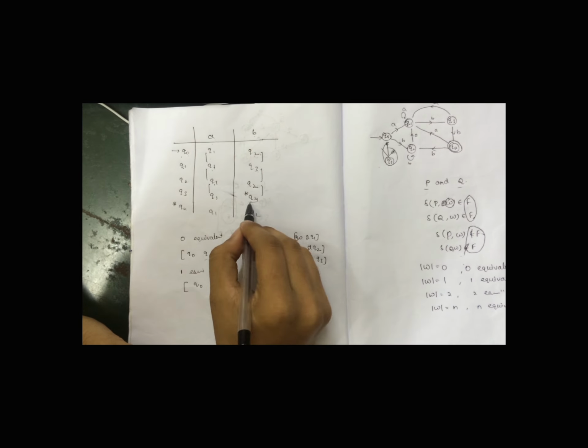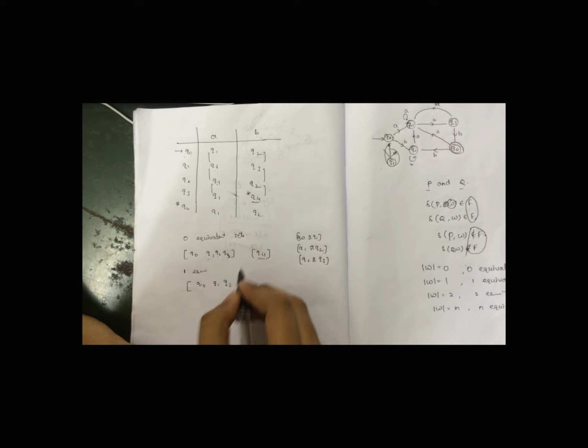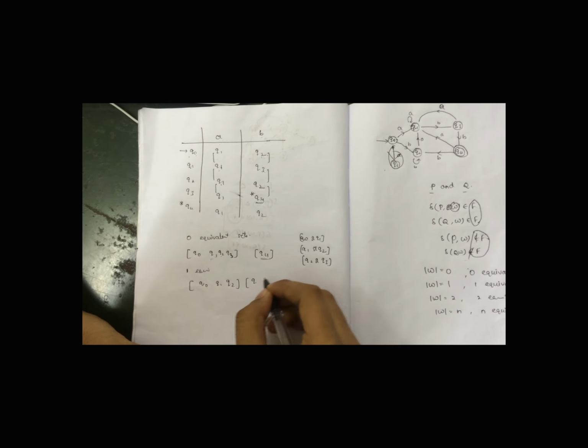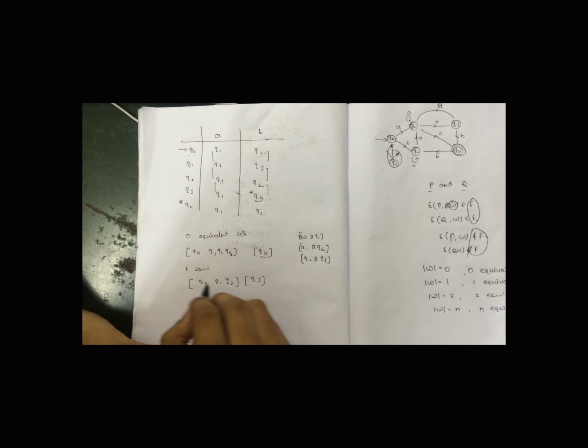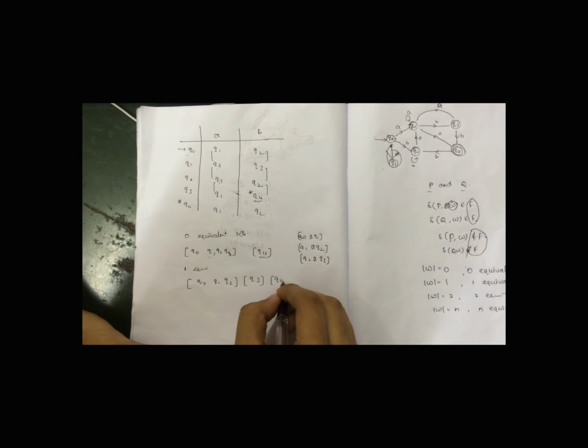But q4 is in another state. So q3 will be in another state in first equivalence. So this will be q3 separated from the zero equivalence set, and this will be q4.